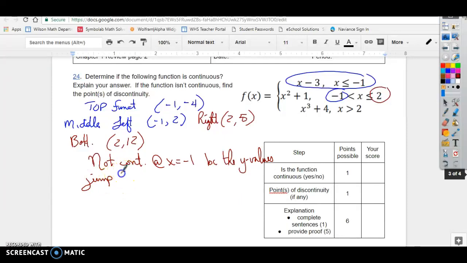How many units? 6 units, from negative 4 to 2. Okay? And let's go back to the other one.